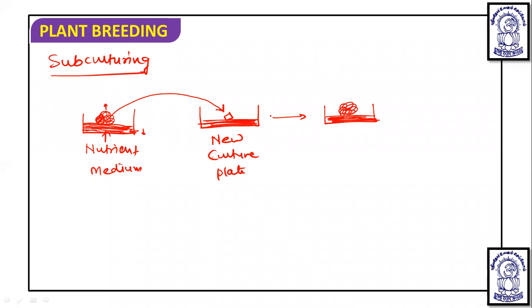In such a way subculturing is done to prevent the damage of newly formed cells.